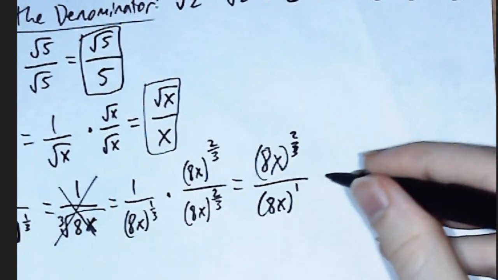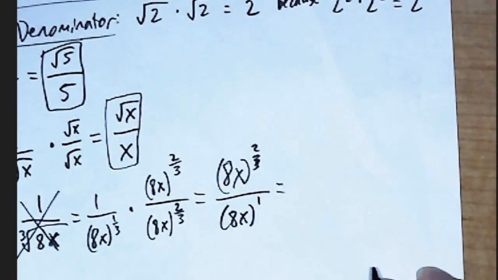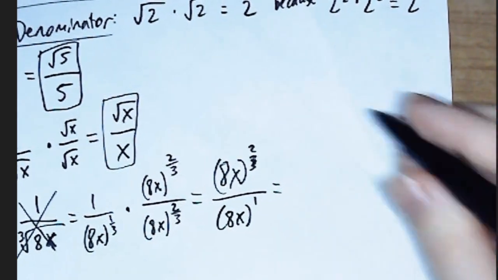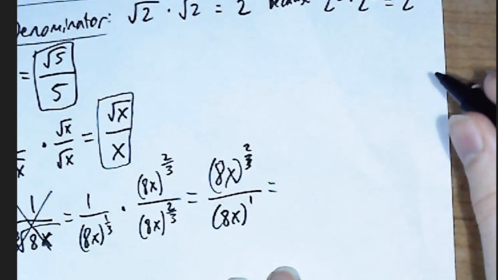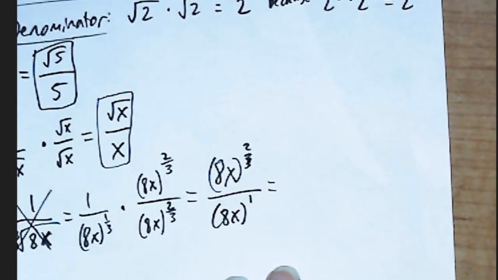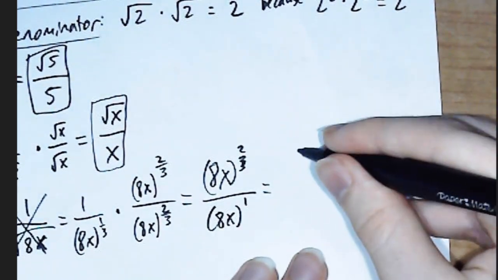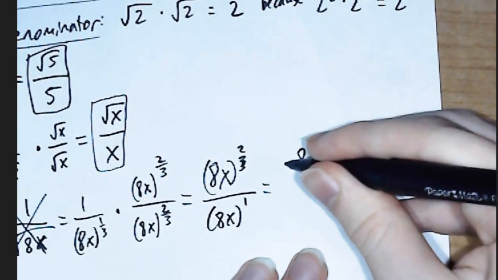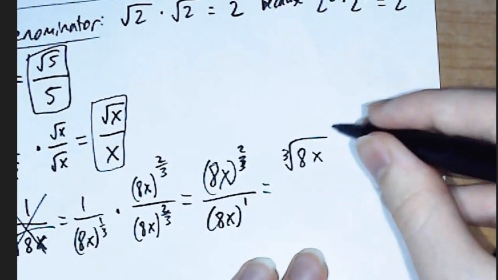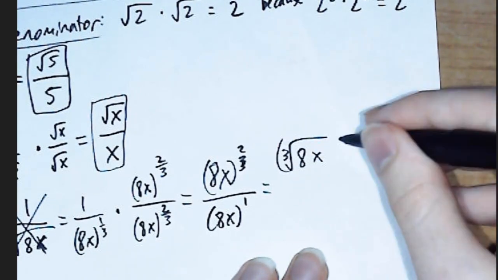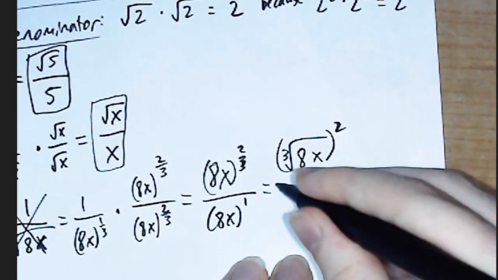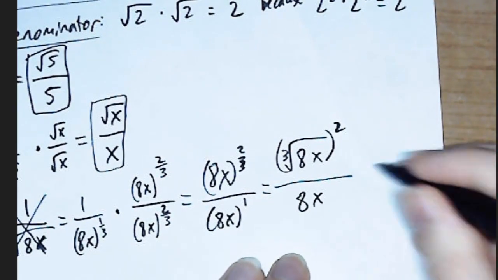And so now, this is where we get, let's see, the cube root of 8x, all of it squared, over 8x.